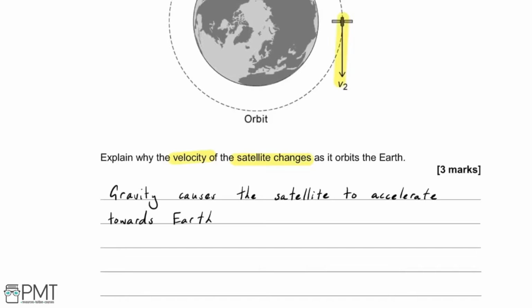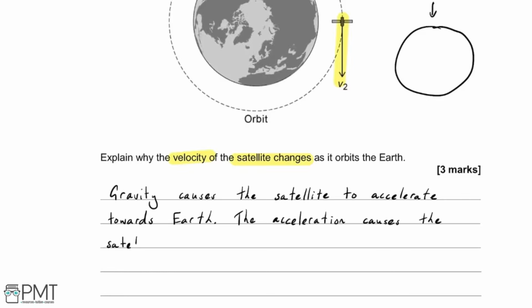You may have seen that the gravity of the Earth is written as 9.8 newtons per kilogram or 9.8 meters per second squared because we treat it as an acceleration. And so the satellite is accelerating towards the Earth, even though it's not actually moving downwards. So if this is the Earth, it's not coming down like this. It is accelerating, and that acceleration is causing the satellite to change direction.